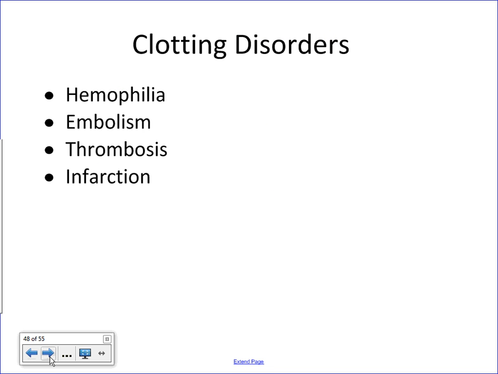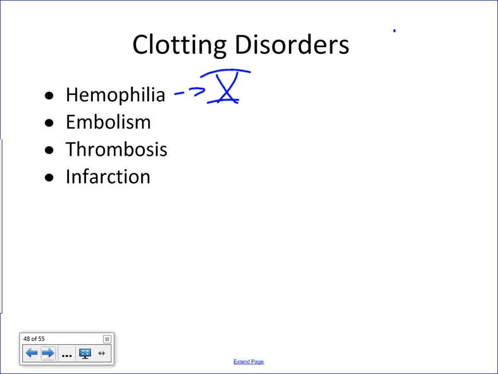The last thing that I want to talk about with this process is some problems that can go along with it. A common problem we see is hemophilia. Hemophilia is a genetic disorder where people are typically missing clotting factor number 10 in that intrinsic pathway. This is a problem because if you're missing any one of these clotting factors, remember your basic biochemistry.